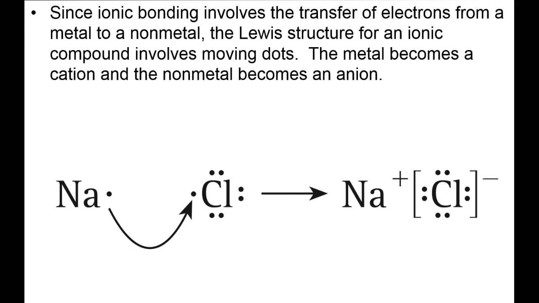Since I have an octet rule, I can have a possible 8, so I've got 1, 2, 3, 4, 5, 6, 7 dots because I'm in column 7. All they're doing is putting dots up here to show you how they go together. So what happens is this 1 electron from sodium goes over here to chlorine and fills it in.